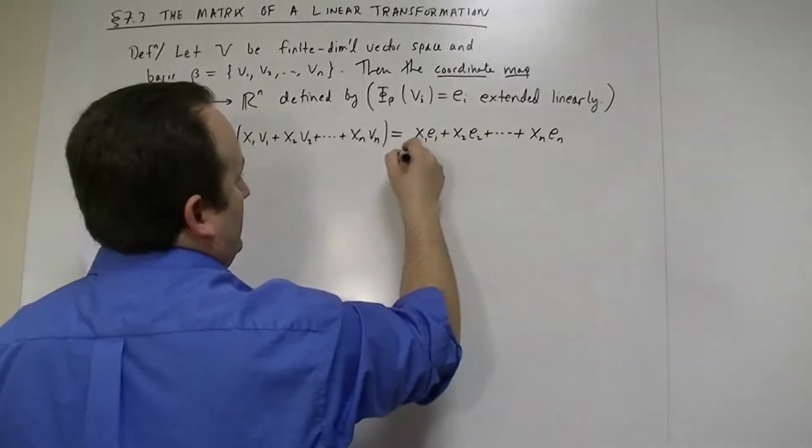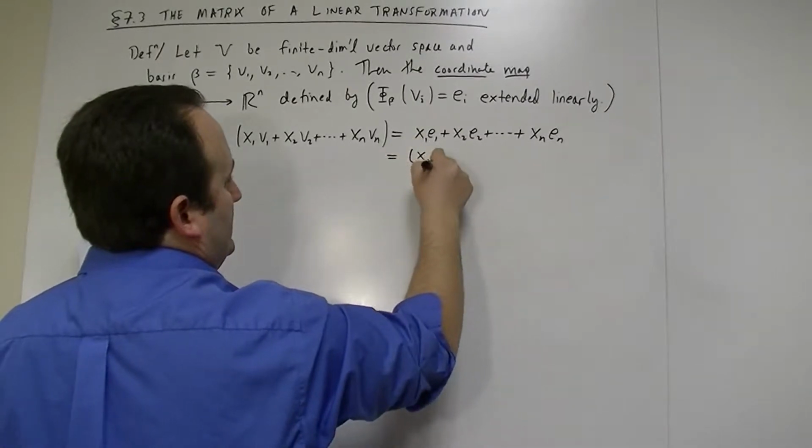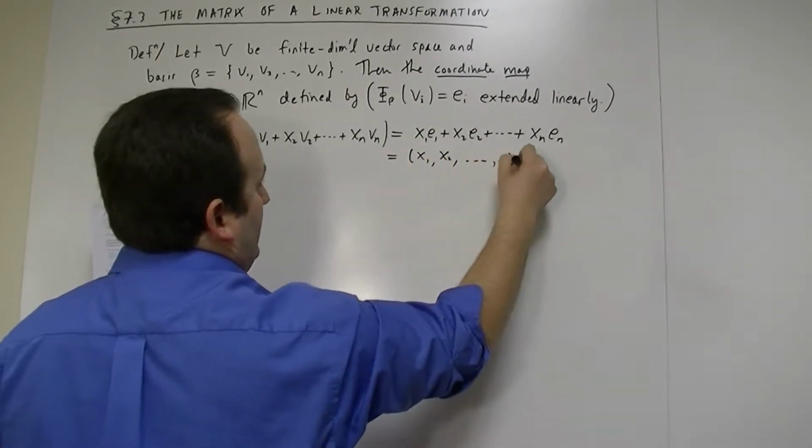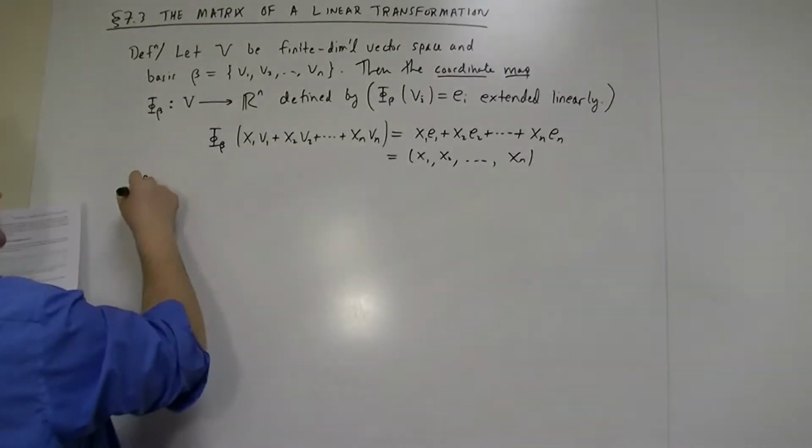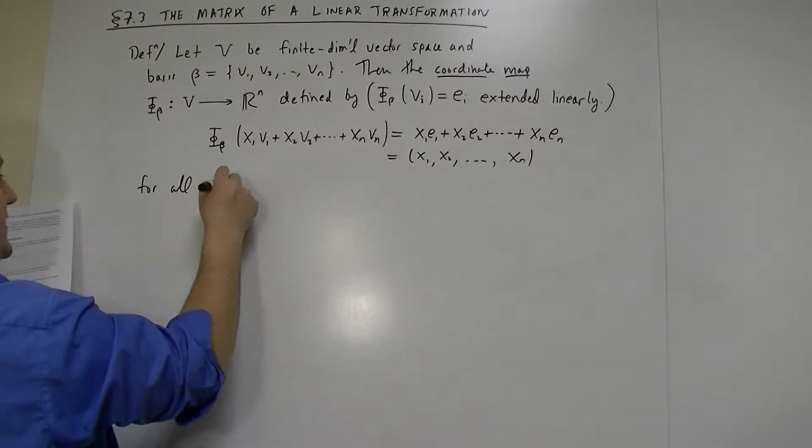Of course, the right-hand side we can also write as x1, x2, ..., xn in the usual notation. And that's true for all v in V.